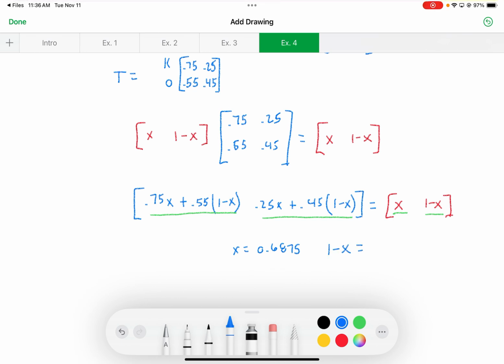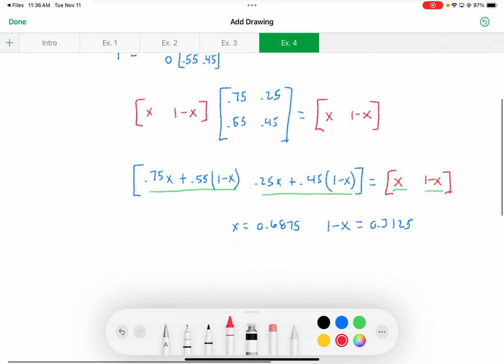So 1 minus x then would be 0.3125. So your steady state matrix S would be the following. That matrix, if you multiply it by matrix T, is going to give the same result.